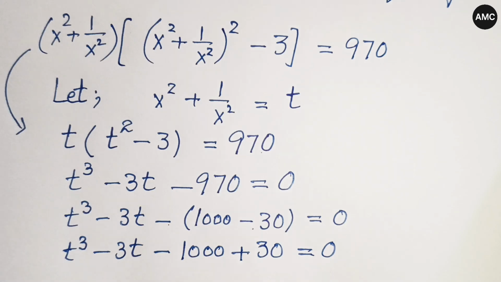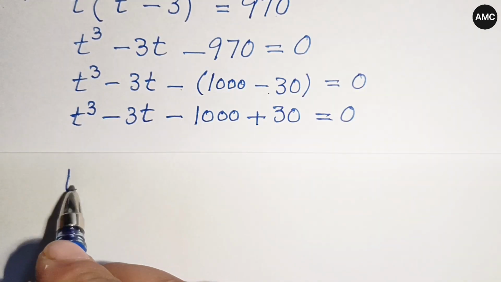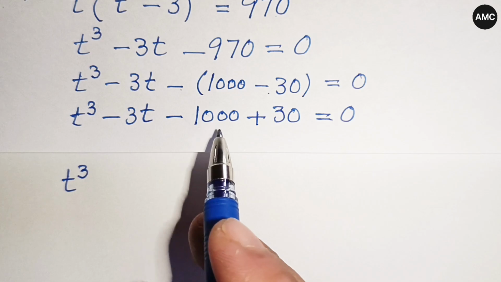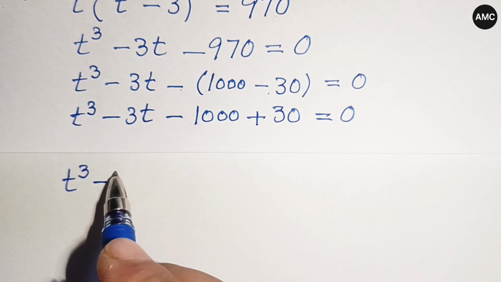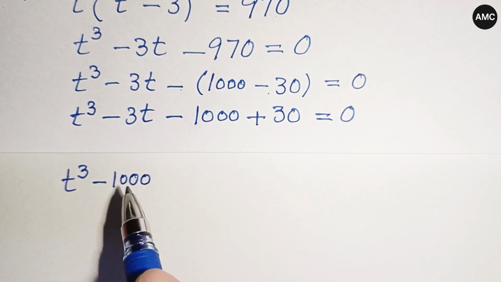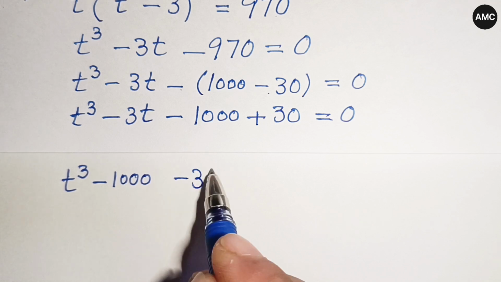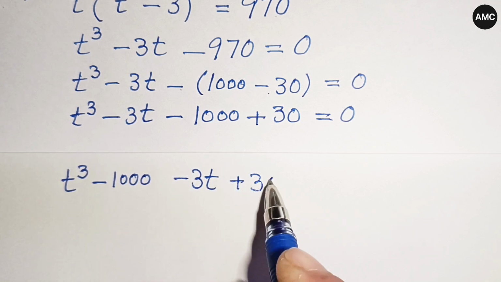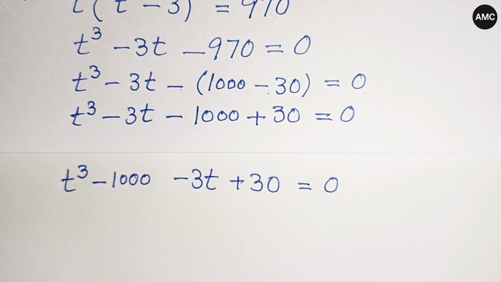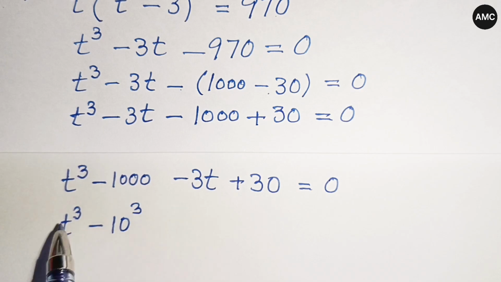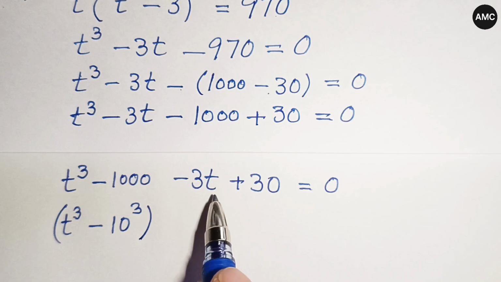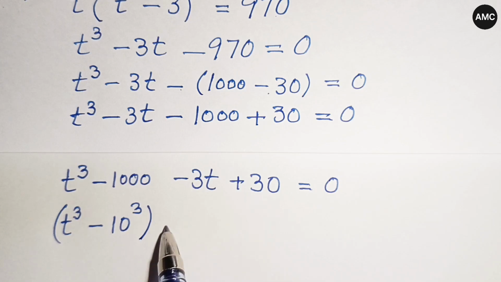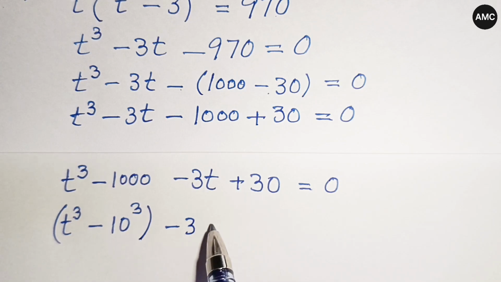Now our next step: t cubed with this 1000, minus 1000, and this minus 3t plus 30 equal to 0. Now t cubed minus 1000 can be written as t cubed minus 10 cubed. If we make pairs, it is our first pair, and here we see that 3 is common, so we take minus 3 common.